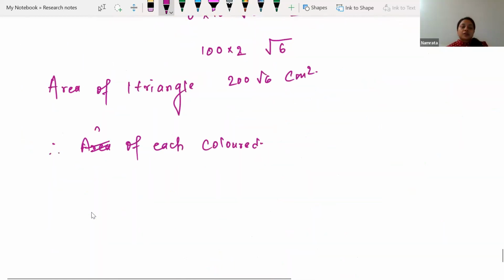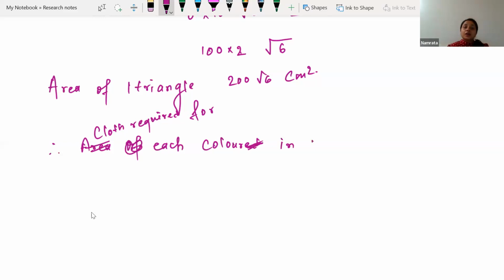So, cloth required for each color in triangles, in an umbrella, that will be 5 times 200 root 6. Here, this question is very simple.